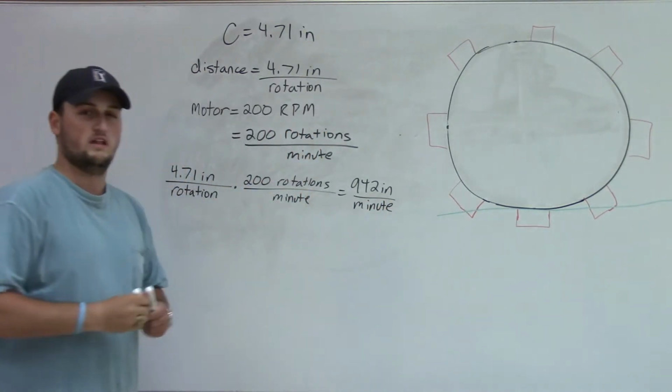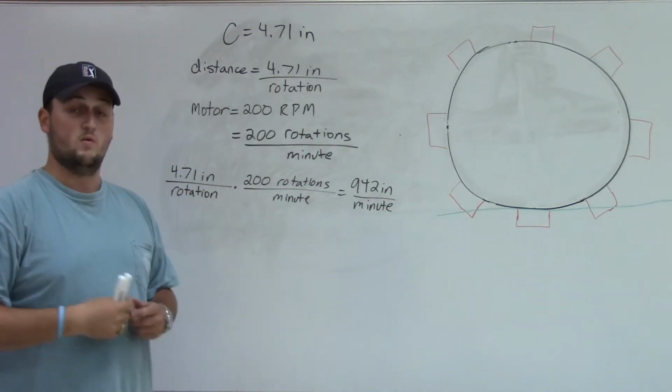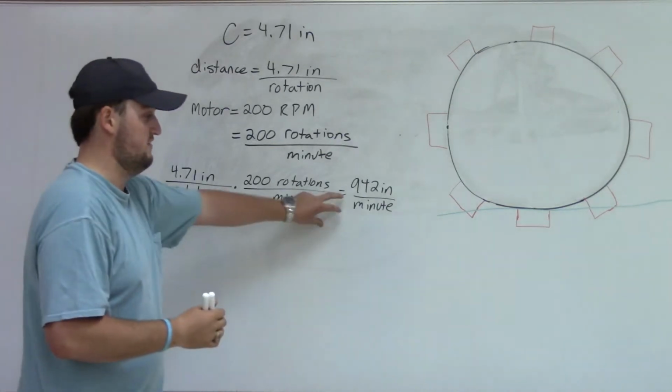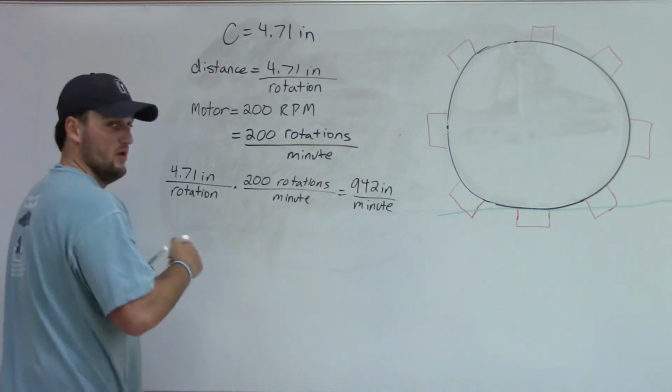Now, engineers don't really use inches per minute. We do, however, use feet per second. So in feet per second, this is about 1.3.